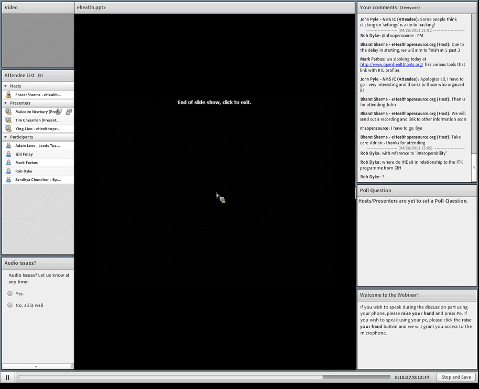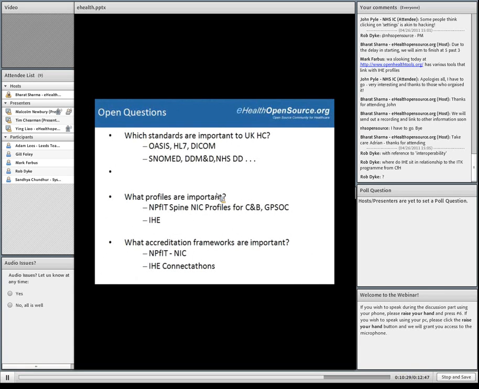But there are three questions I think we have to answer. Which standards are important to us in UK healthcare? I still don't think that we've actually compiled a full list here, so that's some work that we need to do before we have the corollary to this meeting. What profiles are important? We have two profiling sources at the moment. One is the National Programme for IT and the National Integration Centre profiles for Choose and Book and GP-SOC.